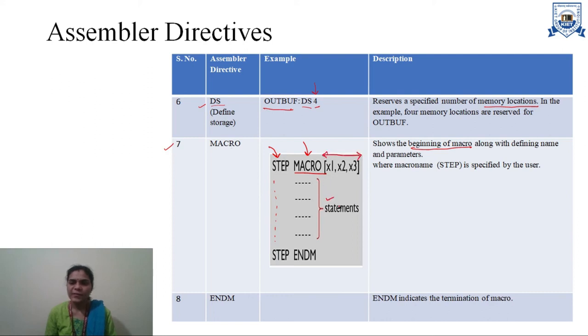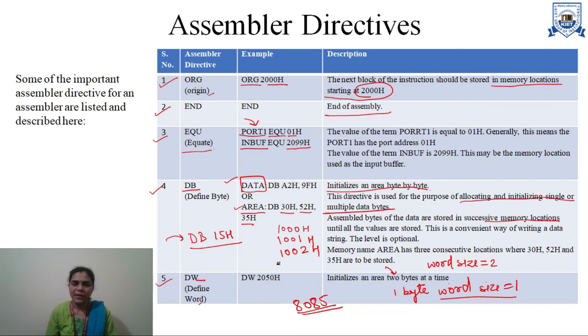Next we specify the statements related to that macro, and then we define the end of the macro. So the MACRO word is used as an assembler directive to specify that a macro is being defined. It shows the beginning of the macro along with the defining name and parameters. In this example, the macro name is STEP and ENDM shows the end of the macro. So in this way, we can use different assembler directives in assembly programs.